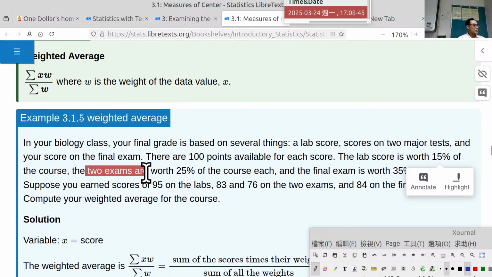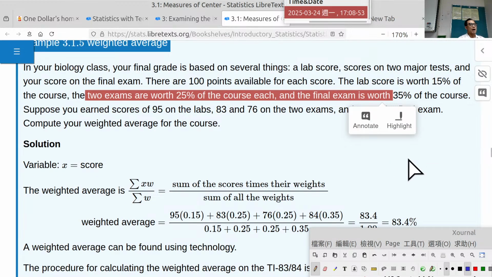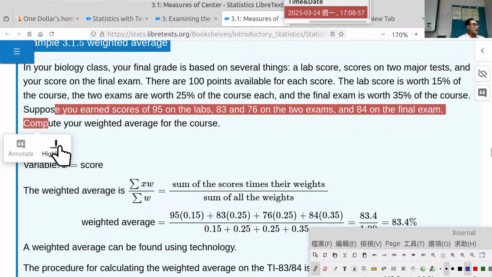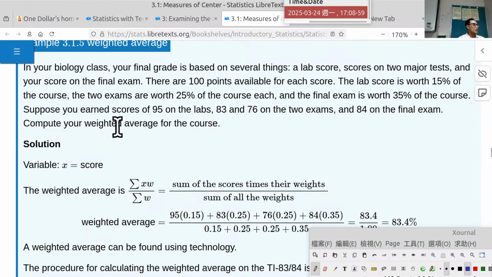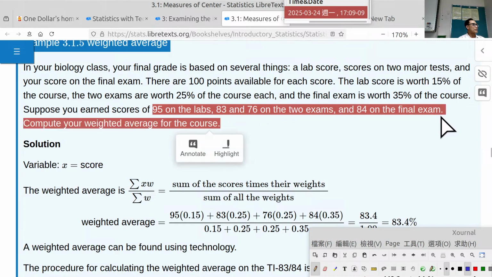The 2 exams are worth 25% of the course each, and the final exam is worth 35% of the course. Wow, it's very heavy. Suppose you earn 95 on the labs, 83 and 76 on the 2 exams, and 84 on the final exam. Compute your weighted average for the course.